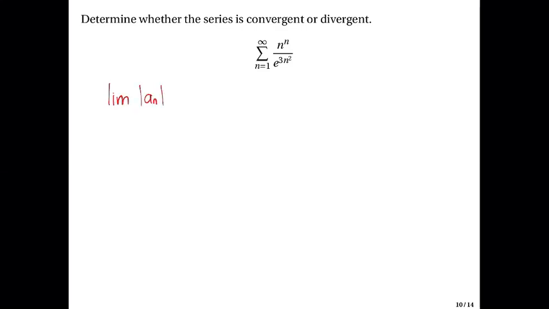So we get the limit, absolute value of a sub n raised to 1 over n as n approaches plus infinity. We now have the limit as n approaches plus infinity of n to the n over e raised to 3n squared. And then we raise this to 1 over n.